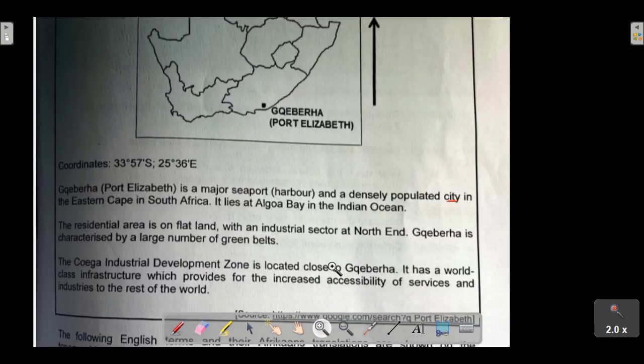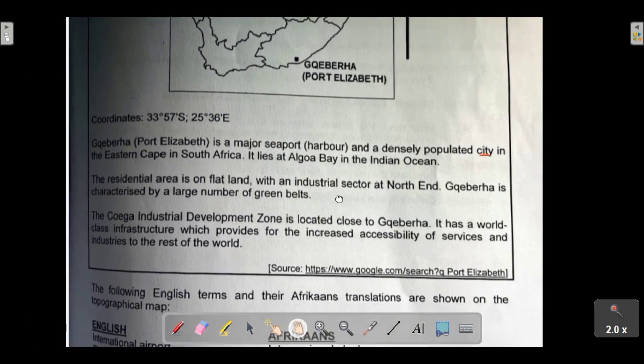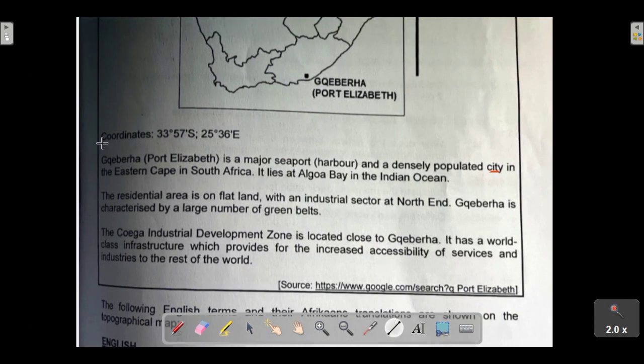We are provided with the coordinates of Gqeberha, and they say Gqeberha is a major seaport, which is a harbor, and a densely populated city, meaning it has many people that live close to each other, right?